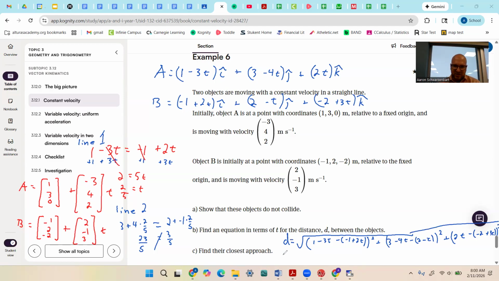So I'm going to simplify this. 1 minus -1 is 2.